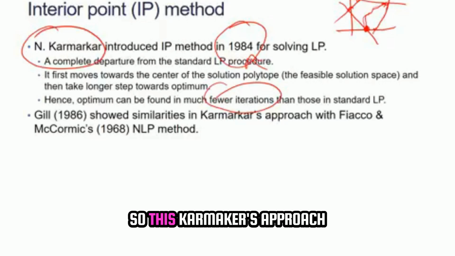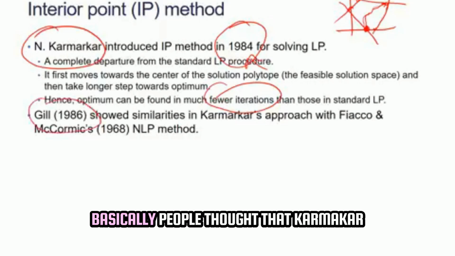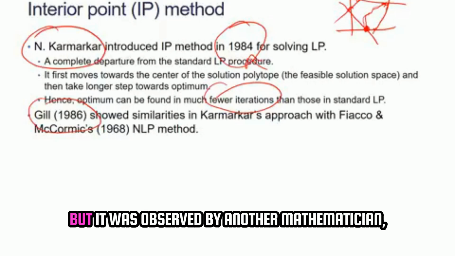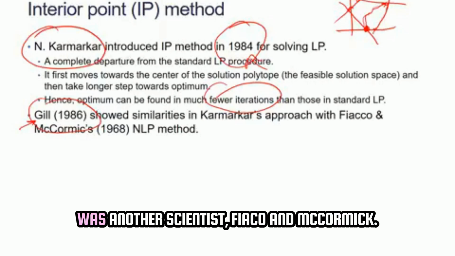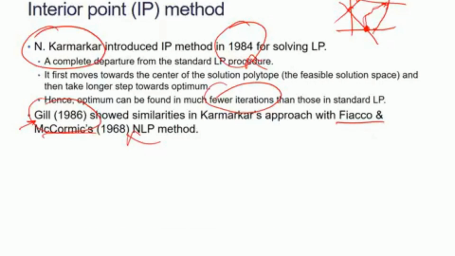People thought that Karmarkar was the first person who developed it, but it was observed by another mathematician, Gill, in 1986, that two other scientists, Fiacco and McCormick, had already proposed this logic in 1968.